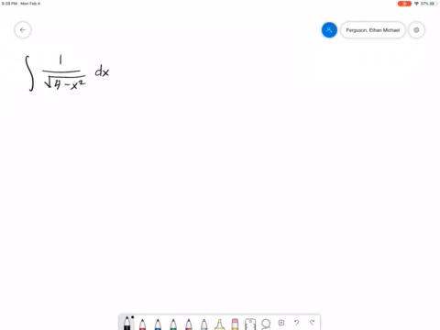If you see the form 1 over square root of a squared minus x squared dx, or even just the square root of a squared minus x squared, you can substitute x as equal to a sine of theta. Now I know what you're saying, this will probably just make it more complicated, but I'll show you in the example how this actually plays out.